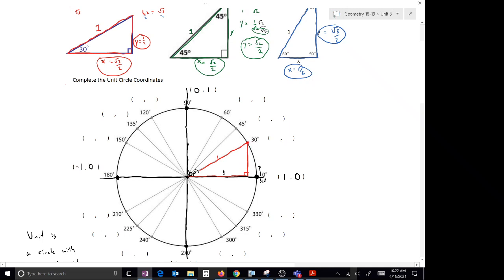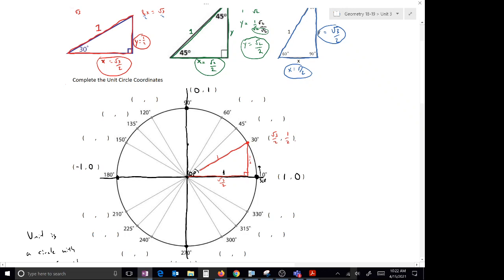The horizontal distance in the x would be √3 over 2, and my vertical distance of y would be 1/2. So essentially this point at 30 degrees would have the coordinates of √3 over 2 and a y coordinate of 1/2.